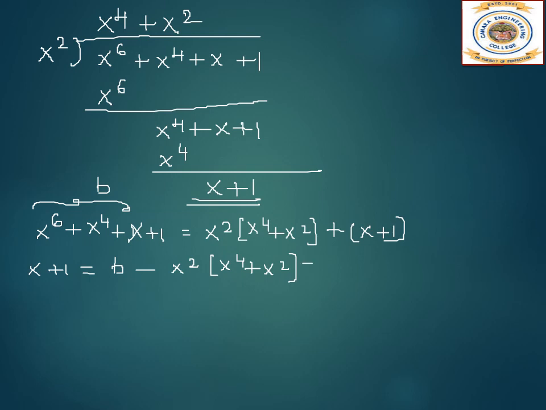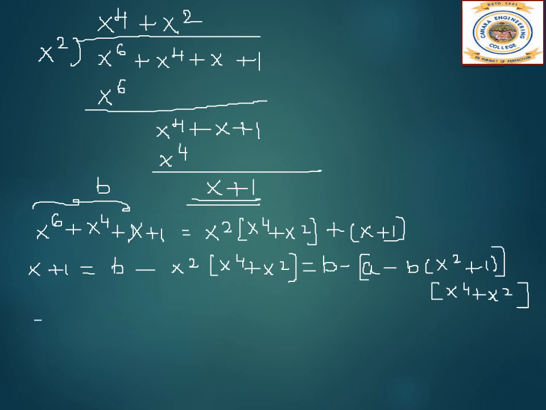So b minus, what is x square? We got it as a minus b into x square plus 1. This we know from the previous stage. Into x to the power 4 plus x square.